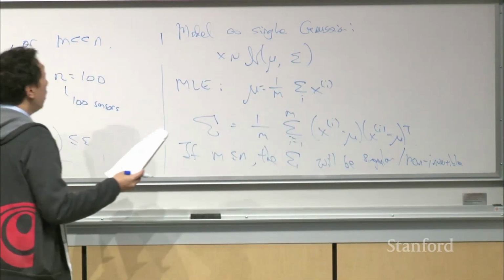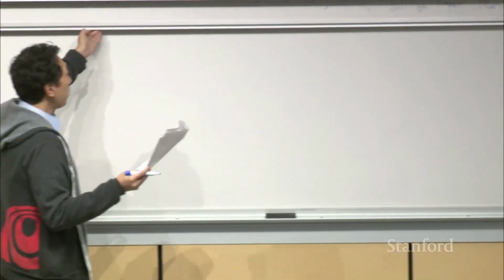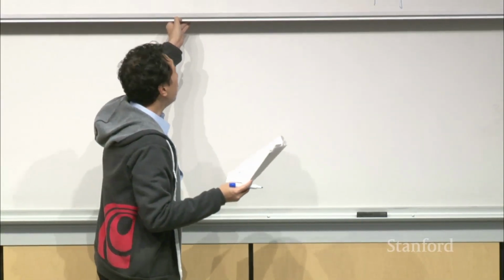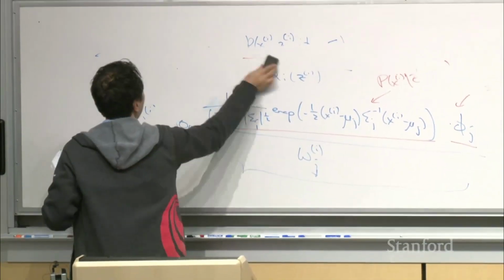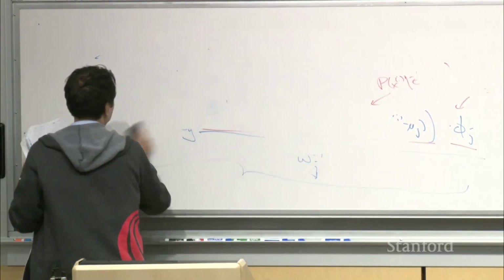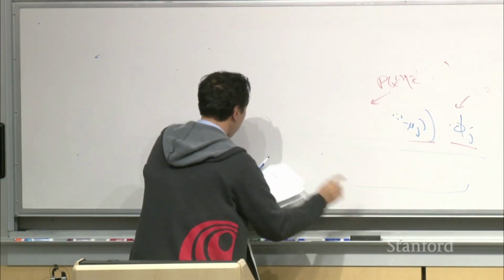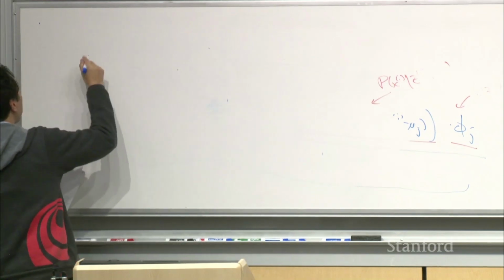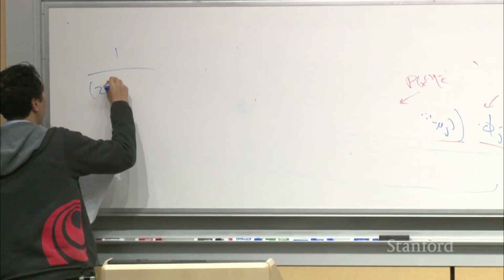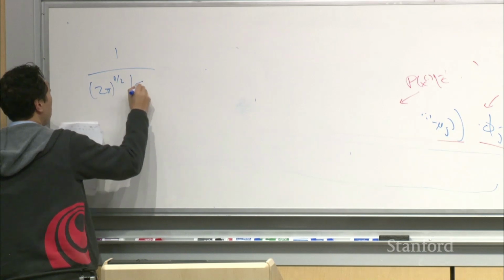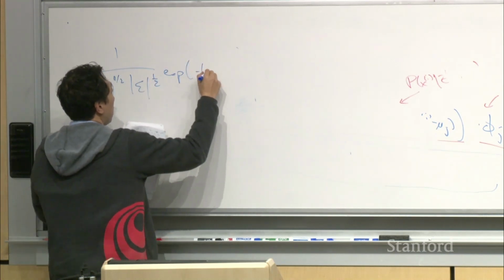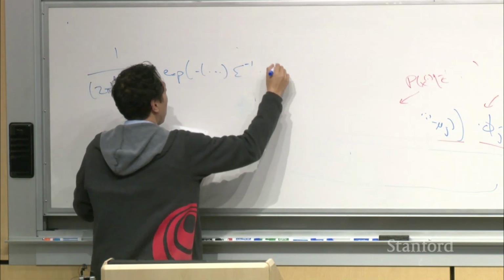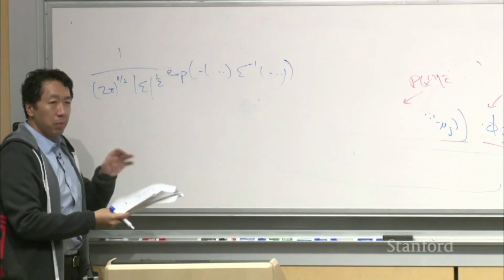Okay. But if you look at the formula for the Gaussian density, right? So the Gaussian density kind of looks like this, abstracting away some details.